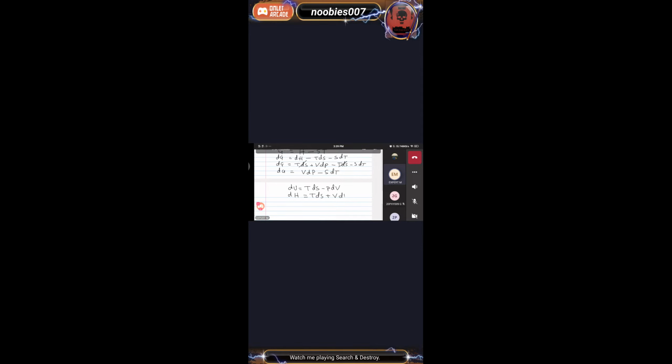Second quantity: dH equal to TdS plus VdP. Then dF, then dG. dF was minus PdV minus SdT, and dG is VdP minus SdT.